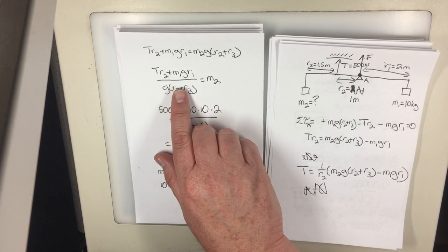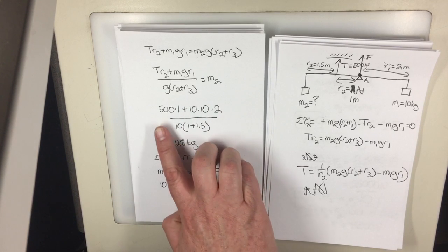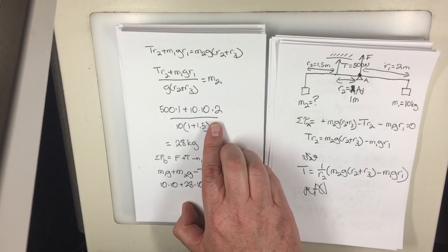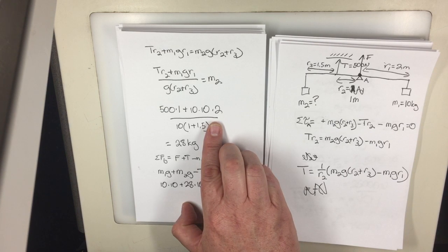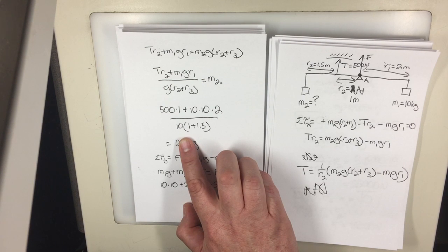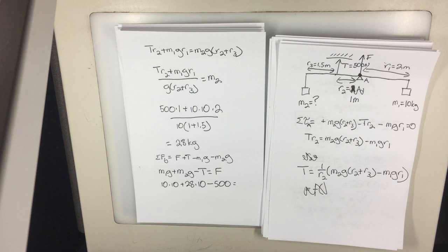So (TR2 plus M1GR1) divided by G(R2 plus R3), tension is 500. 10, 10, 2 divided by R2 and R3, 1.5. Because I'm ending up with a negative number.